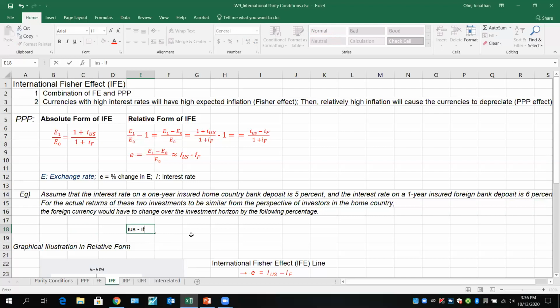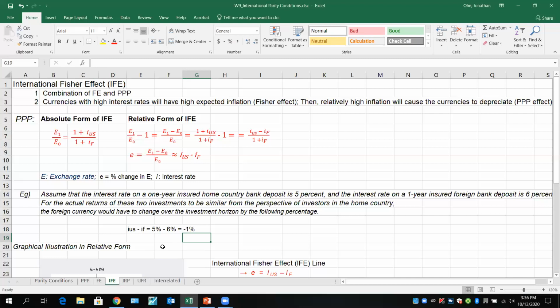That one is what? US 5% and 6% is equal to minus 1%, right? Minus 1%. So the relative interest rate is minus 1%.